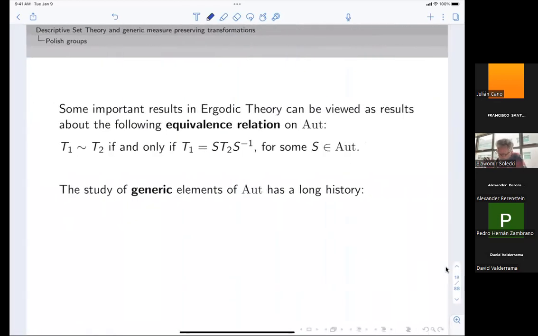And I will come back to that equivalence relation.